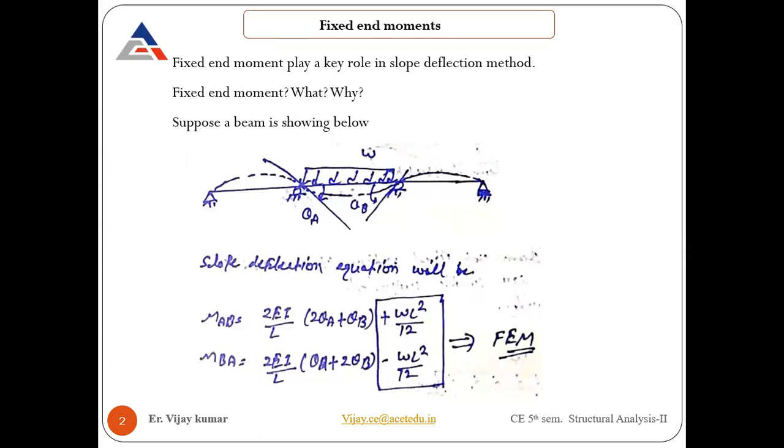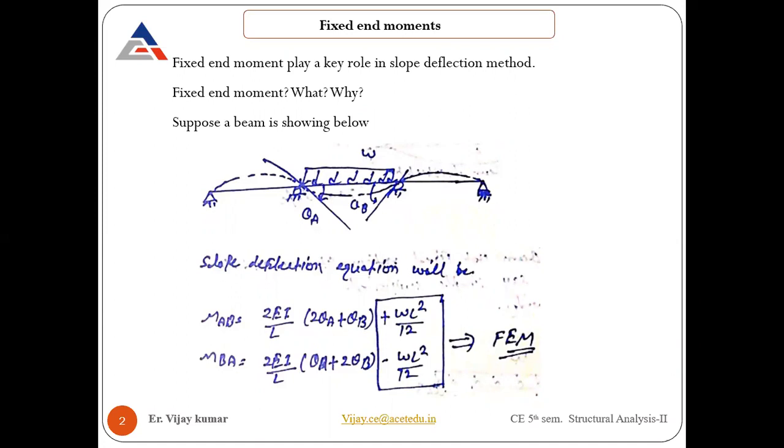we have already seen that, and students have already solved some problems related to that. Fixed end moment is a very important part of the slope and deflection equation method. If there is any load, in that case fixed end moment will be there. So we must be aware of what fixed end moment is and how it affects your slope and deflection equation.